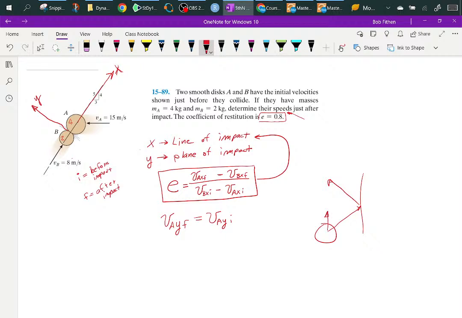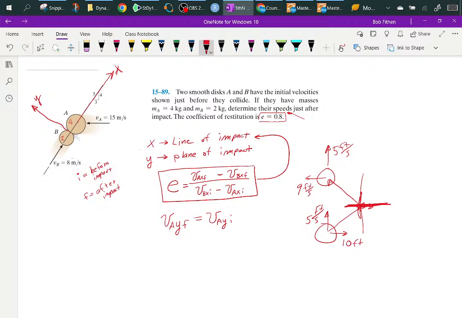If it's traveling 5 feet per second here, and you look at the velocity after, it's 5 feet per second there. Now, the velocity here might be 10 feet per second, and coming off the wall might be 9 feet per second, because it lost energy during this impact along this direction.